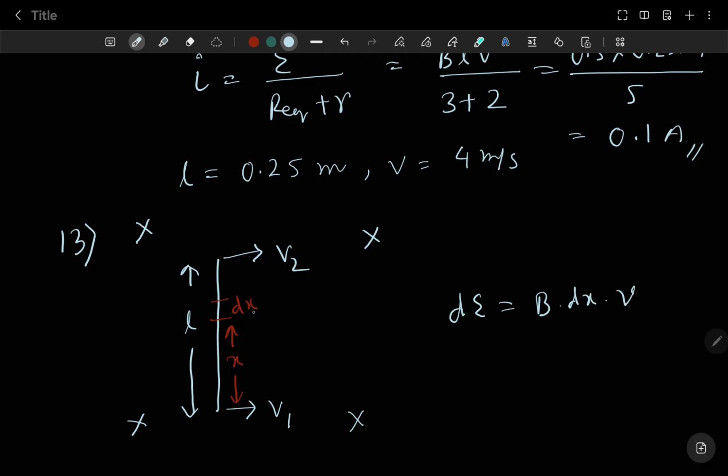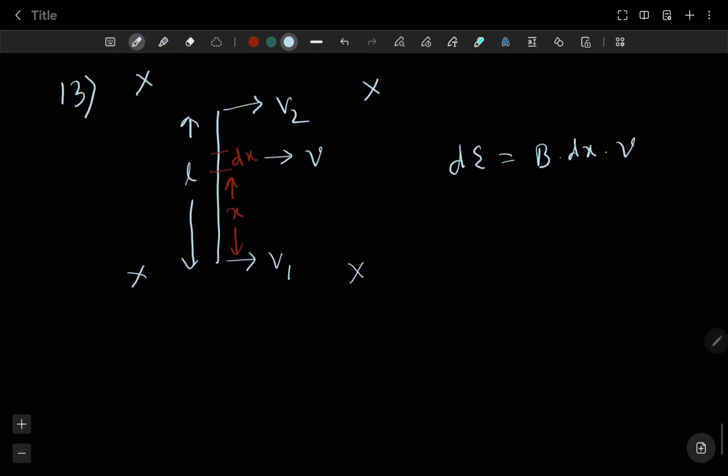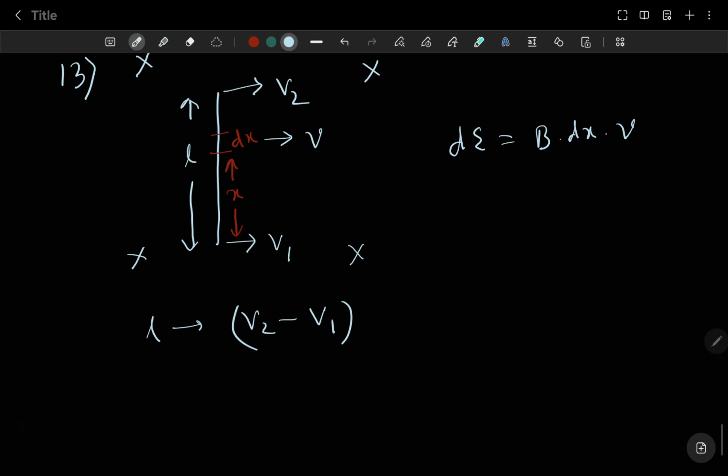So the velocity of this element dx is V. Fine. See, the change in velocity in length L is V2 minus V1. Velocity is changing from V1 to V2, from this end to this end, that is over the length L.